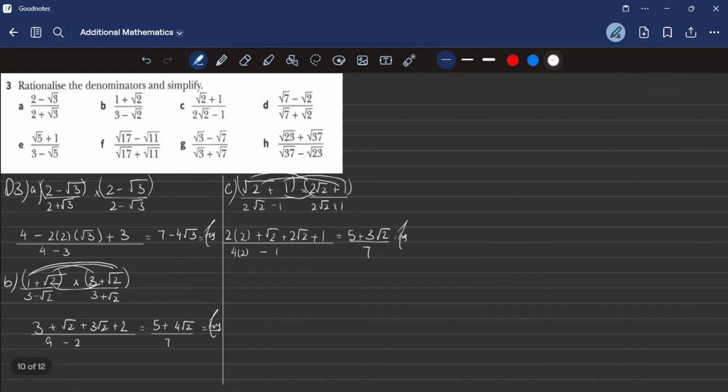That's your answer. For part D, we have (under root 7 minus under root 2) divided by (under root 7 plus under root 2). Again, we have the conjugate surds in division. So that means we are going to use two quadratic identities. Again, that's a shortcut.